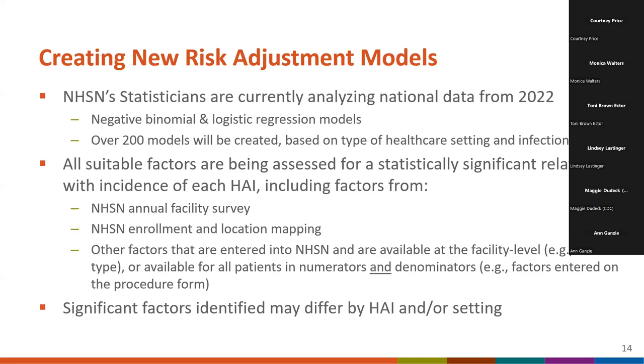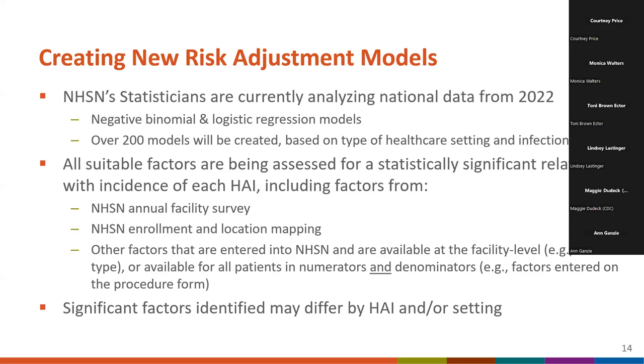All suitable factors are being assessed for a statistically significant relationship with the incidence of each HAI. This includes factors from the annual survey, data that you entered during enrollment in NHSN, as well as your location mapping information, and other factors that are available at the facility level.